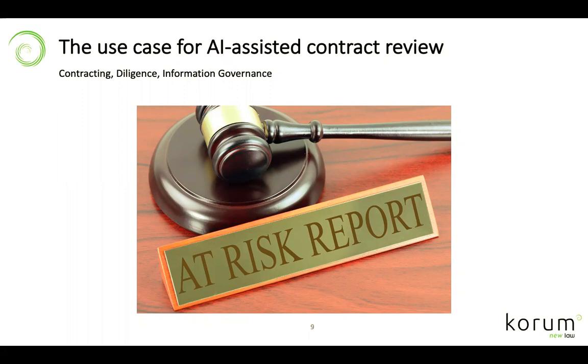But as you can imagine, these sorts of tools with artificial intelligence have additional applicability, not just in the live ongoing contracting space. They're also particularly useful when you're doing due diligence on a company as part of a joint venture or an acquisition. They also have a lot of applications in the information governance space, where you want to identify certain documents within your overall knowledge ecosystem, or when you're doing regulatory reviews.